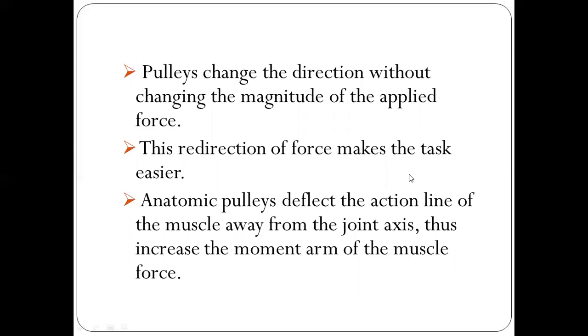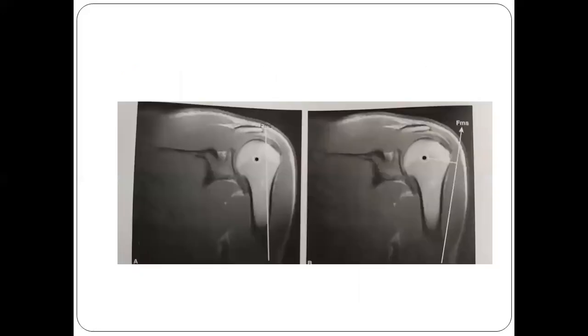Anatomical pulleys deflect the action line of the muscle away from the joint axis, thus increasing the moment of the muscle force. So here, as we can see, this is the joint axis. If the bony prominence was not there, if the anatomical pulley was not there, then the action line of this muscle would be in this direction, and this is the joint axis.